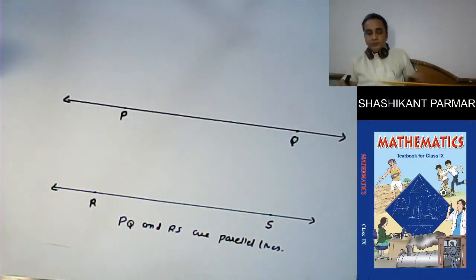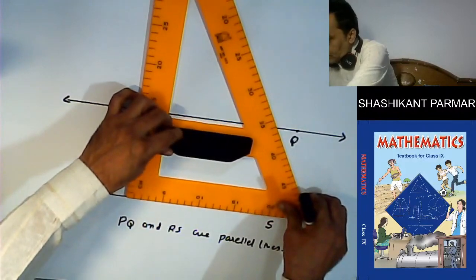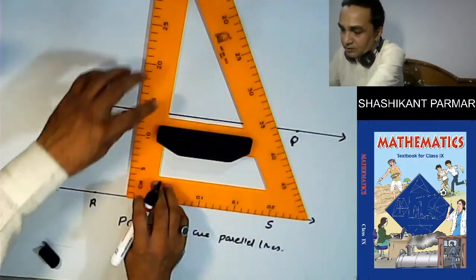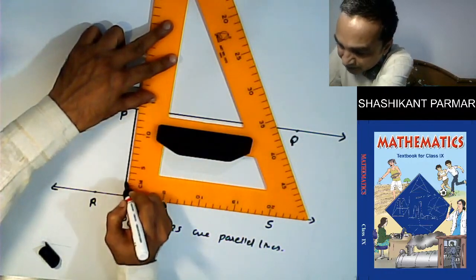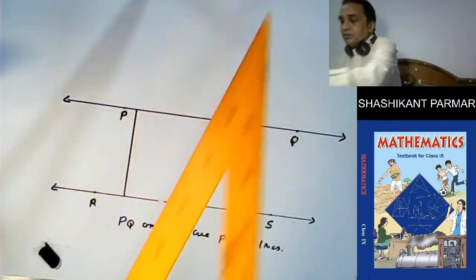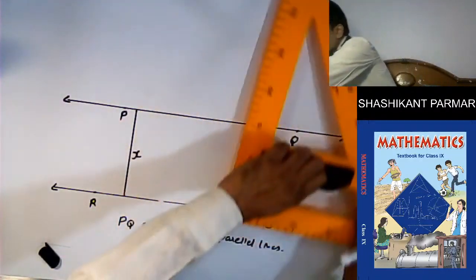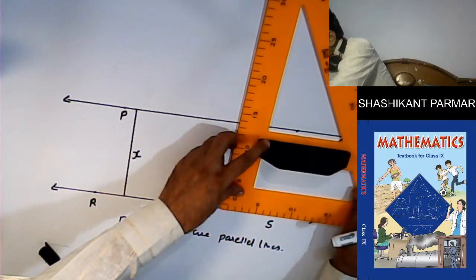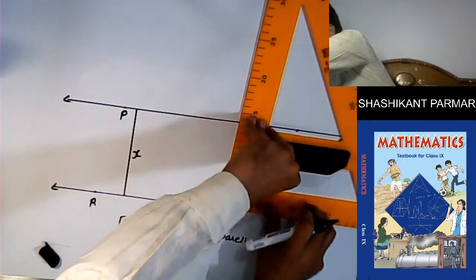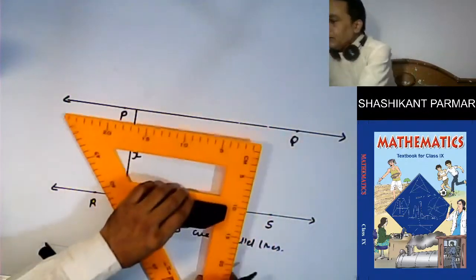So this distance between two lines, if this is x, then the common perpendicular lines, that's why I am taking a 90-degree angle.